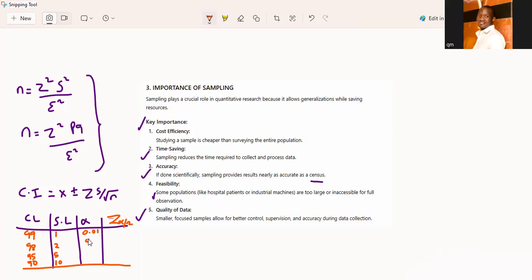Then 95%, 0.05. Then 10%, 0.10, correct.